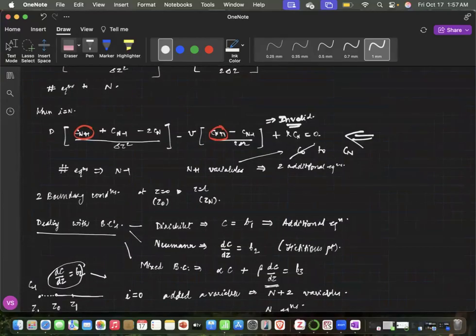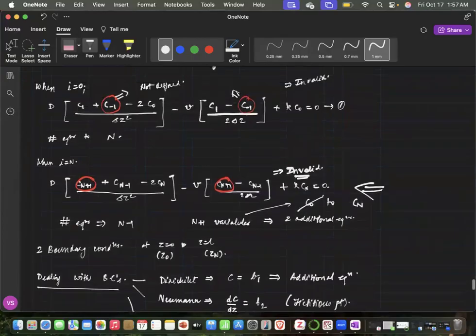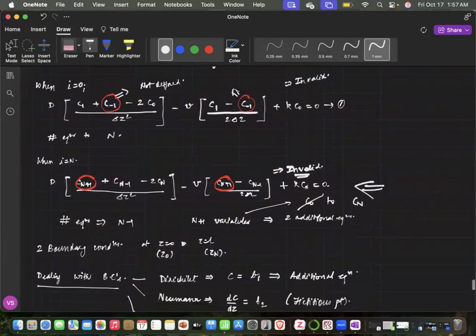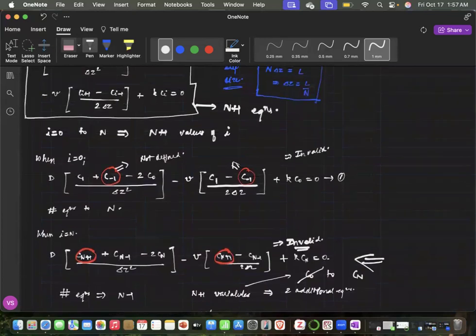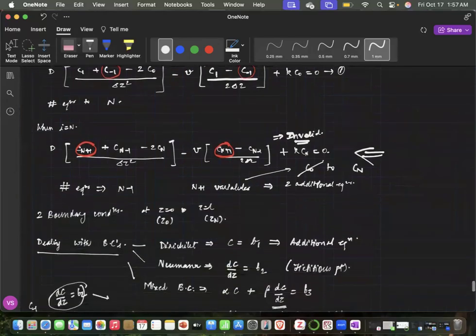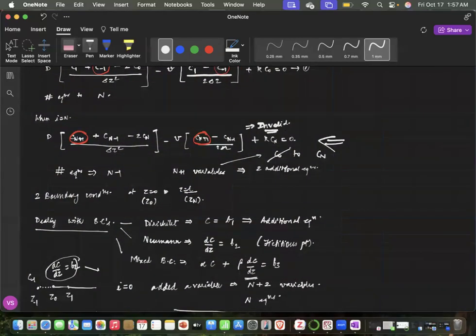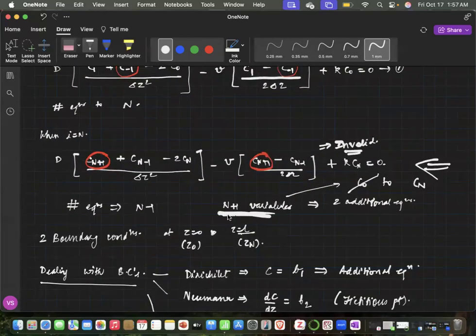Okay. So now that you have a fair idea of dealing with boundary conditions, now let's try and solve the problem. So the problem where we left it, we had n plus 1 variables, but n minus 1 equations, because 2 of them were invalid.